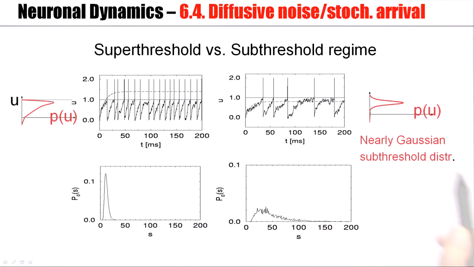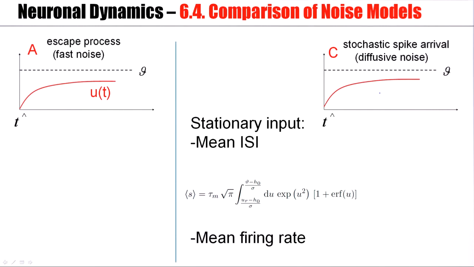It's not perfectly Gaussian, because a Gaussian always has a finite width at the threshold. But if you are far enough below a threshold, then the distribution is well approximated by a Gaussian. So, with my model of stochastic spike arrival, I can calculate distributions of membrane potential.